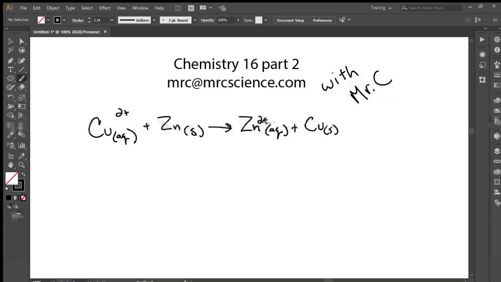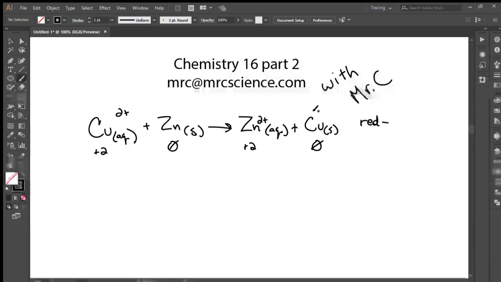So this is a redox reaction. If we look right here, when we have just an atom all by itself, its oxidation number is its charge. So we've got an oxidation number of +2 here, 0 there, +2 here, and 0 there. So what was reduced?